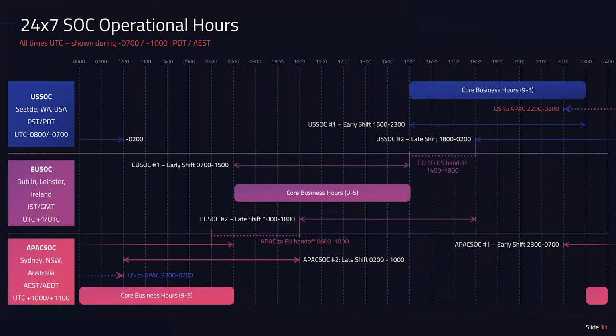Similar to that sort of process-driven workflow, I have the idea of interaction between staff as my workflow. This is a picture of a 6-shift SOC, which is geographically disparate in order to provide follow the sun 24/7 coverage, operating in core business hours in different regions with 2 shifts per location.